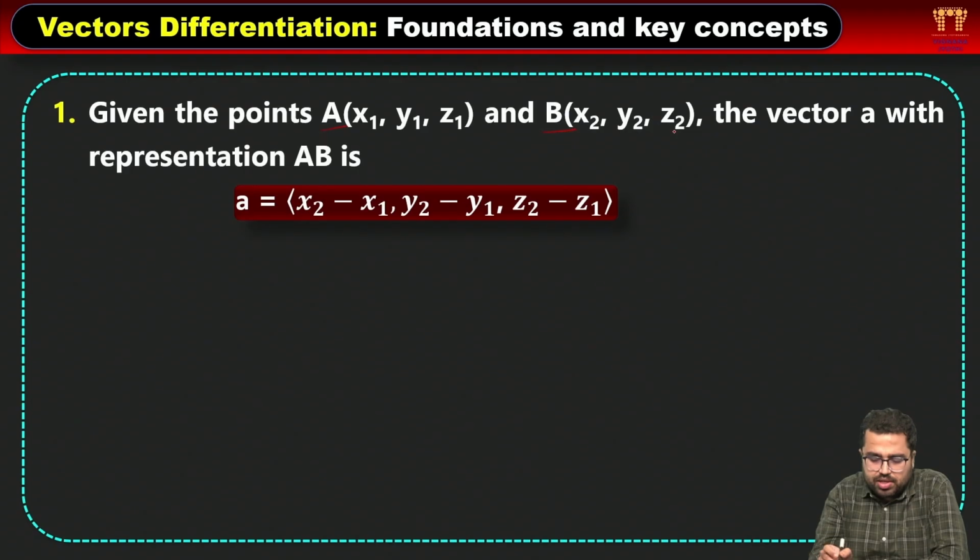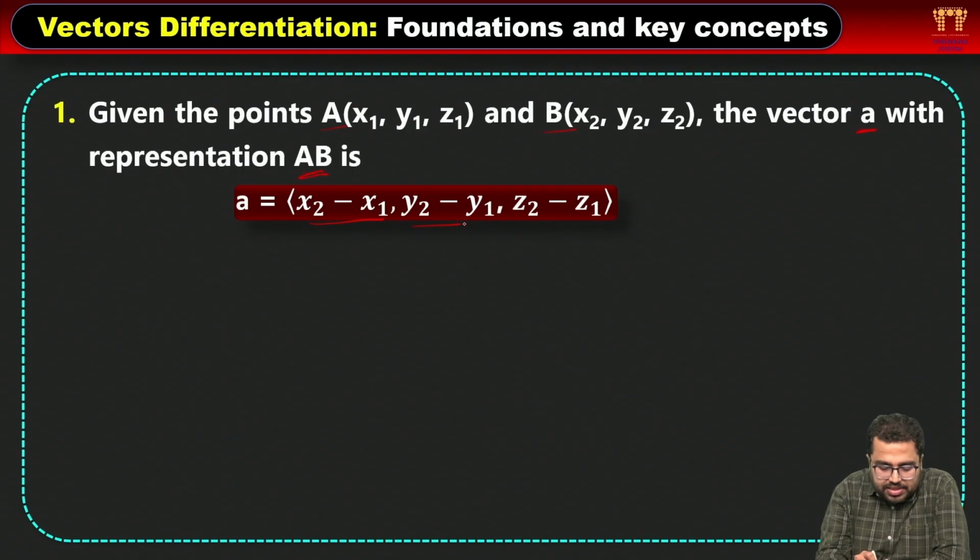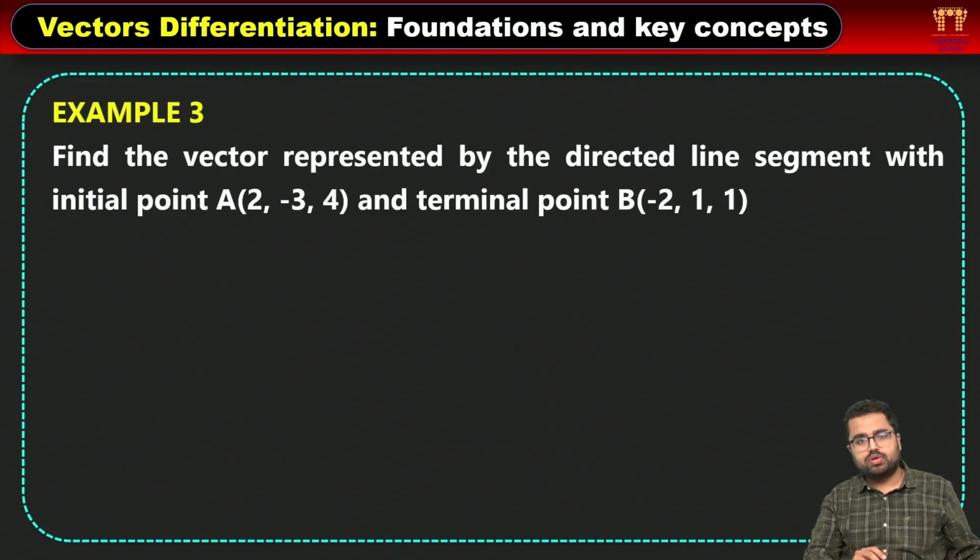The vector AB is nothing but x2 minus x1, which is the first component of B minus the first component of A. Its second component is the second component of B minus the second component of A. Its third component is z2 minus z1, which is the third component of B minus the third component of A. So this is the representation of the vector AB, which we represent by the vector A. We will see some examples on this also.